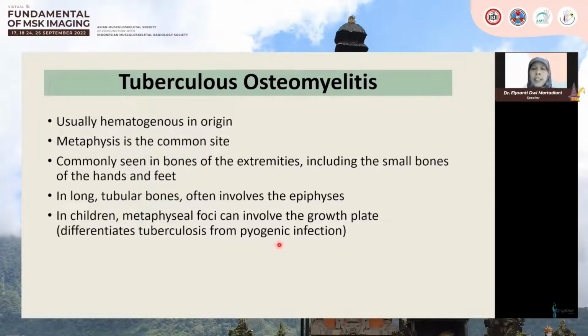In pyogenic infection, transphyseal spreading is rare because the growth plate acts as a barrier that prevents extension of the metaphyseal infection into the epiphysis. But in tuberculous arthritis, transphyseal spreading quite often happens.